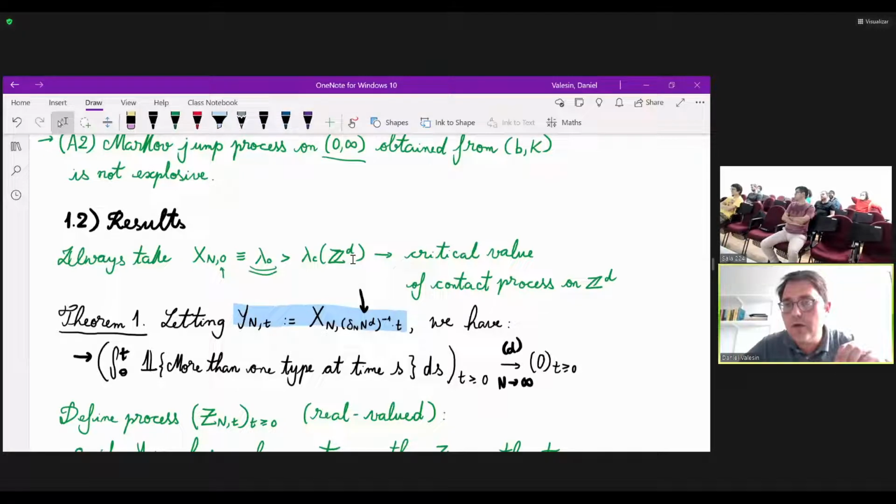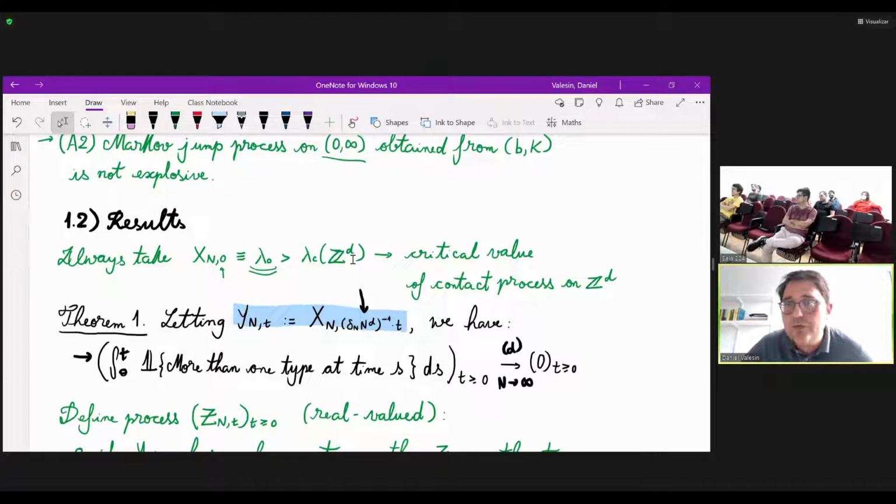Yeah. So now imagine that you take sort of a one-dimensional projection of our process, and this one-dimensional projection is just extracting the type that is there at that particular time. So this will be like looking at the process and looking at who's winning at that particular time. Of course, if you happen to look at it at a moment when there is competition, then you have to come up with some cemetery state, or you delete those times, but those times are negligible anyway.